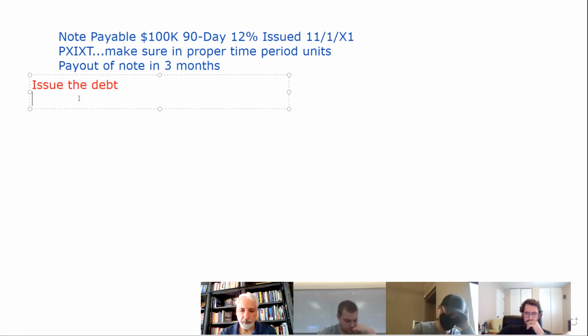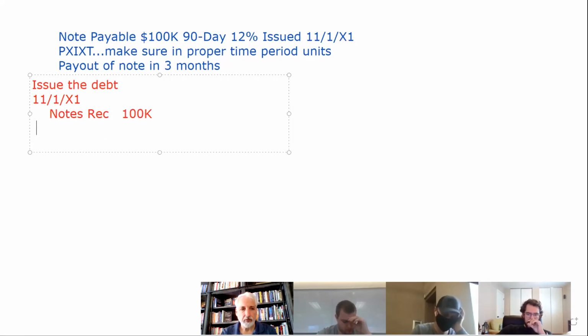On 11/1, the issuer puts out $100,000 cash. So they get a notes receivable. You've already done this before. 100,000, cash 100,000.